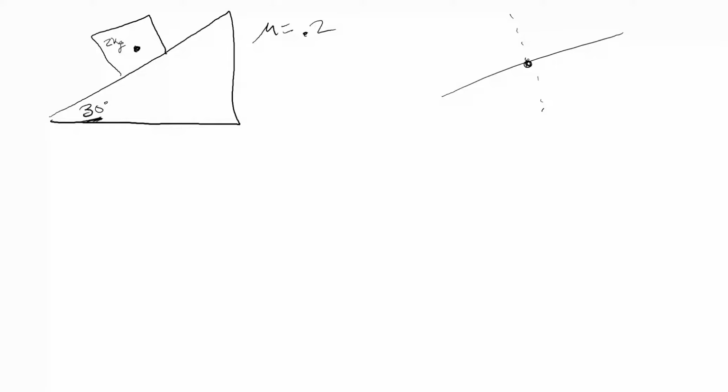All right, step 2 is the law of alternate interior angles. So for this, what we're saying is that if we look at the 2 kilogram block, the force of gravity goes straight down. And we are going to find 2 components.